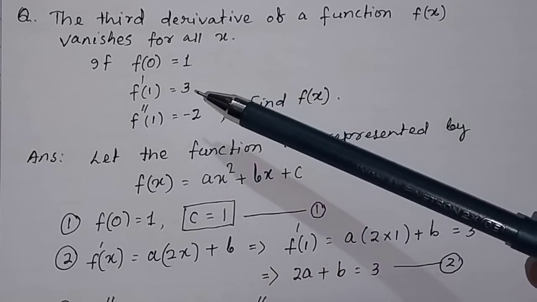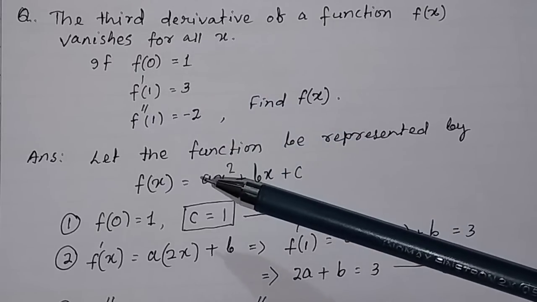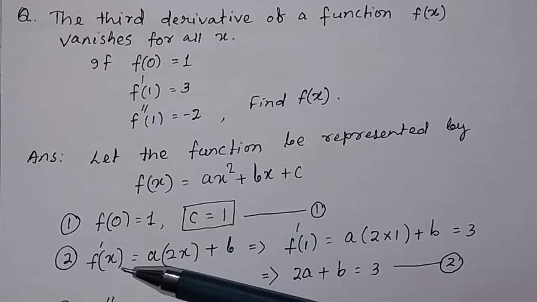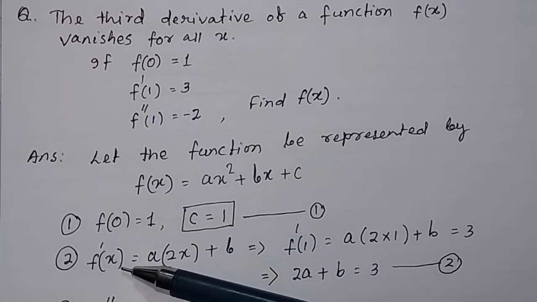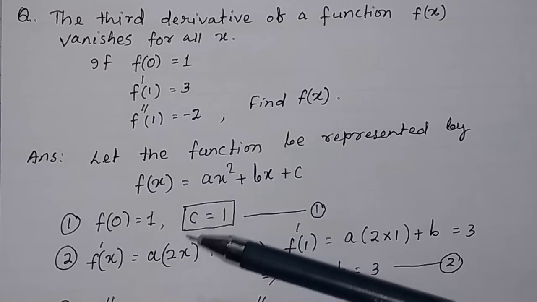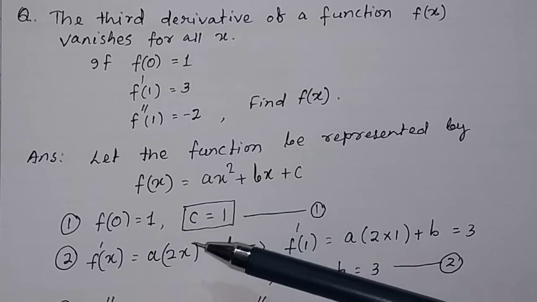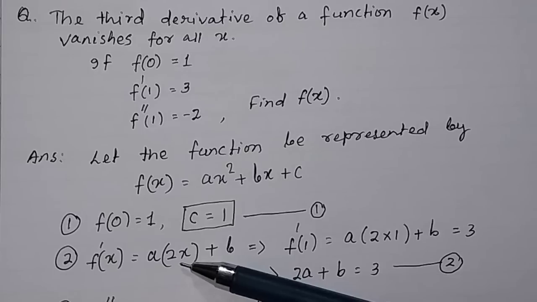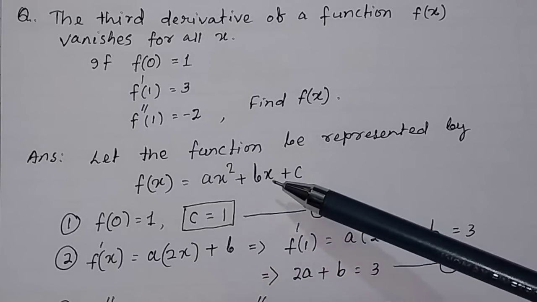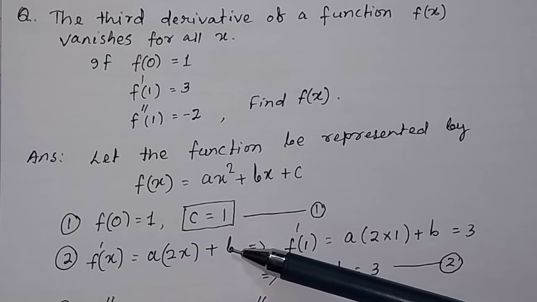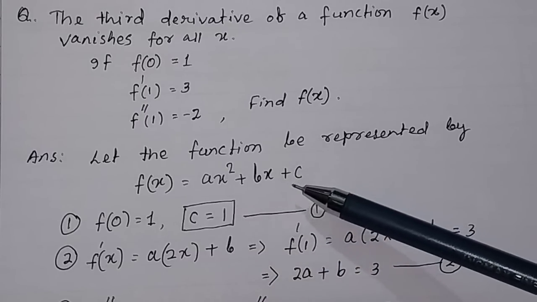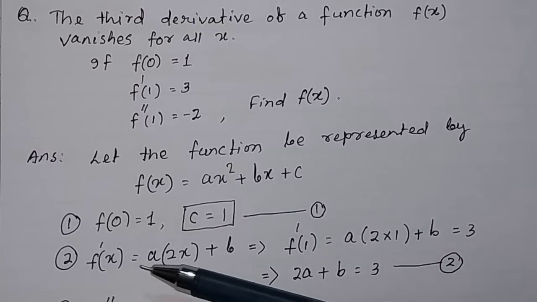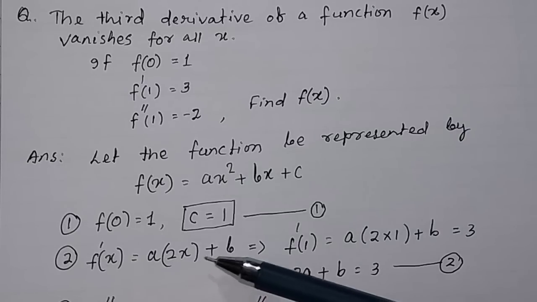Now let us put the second condition in this equation. Find the derivative of this function f(x). The derivative, f'(x), is a times the derivative of x², which is 2x, plus the derivative of bx, which is b, plus the derivative of c, which is 0. So the first derivative is f'(x) = 2ax + b.